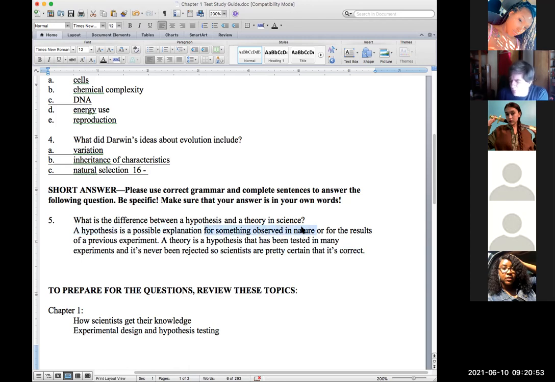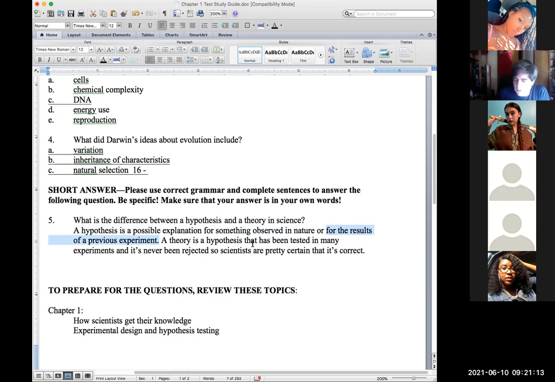For something observed in nature would be another point. For the results of a previous experiment would be another point. So if you left some of these parts out, you might lose a point. Or if you put in something that was completely wrong. We've said that all living organisms are made of cells.